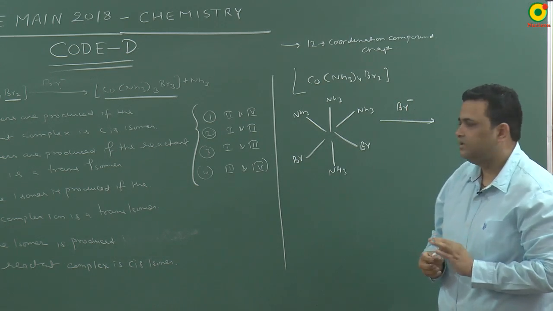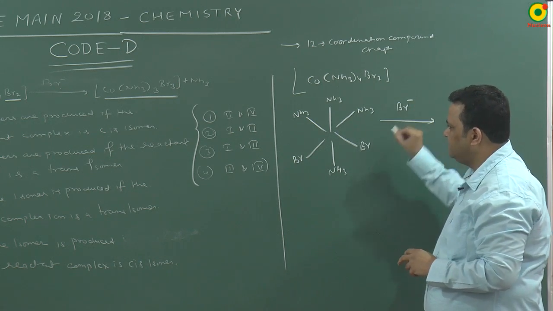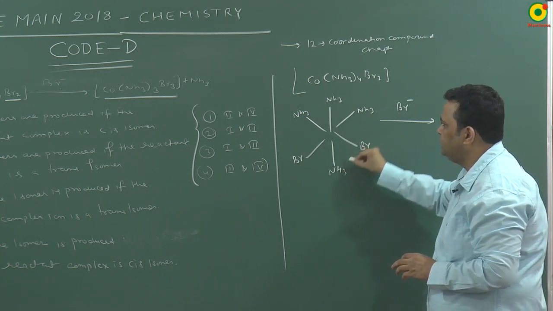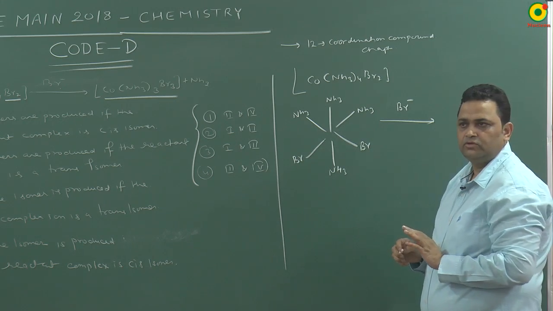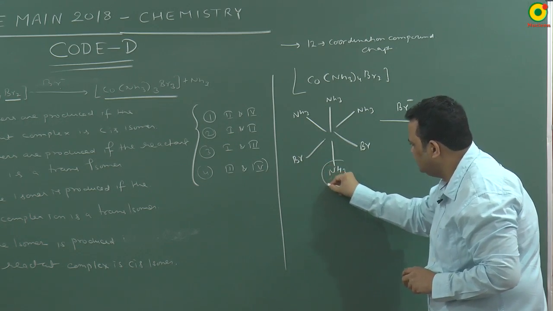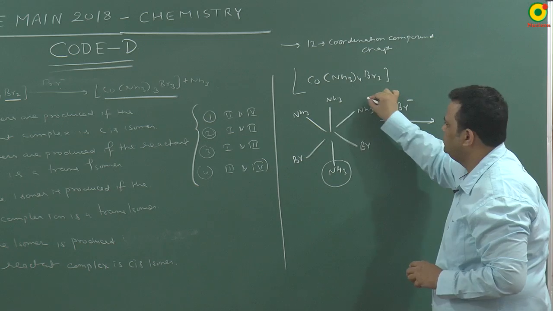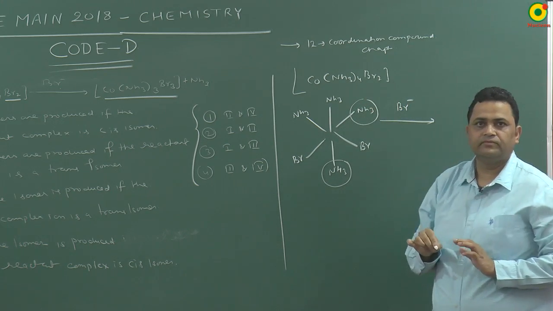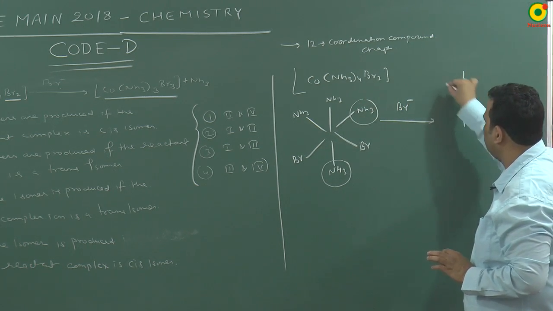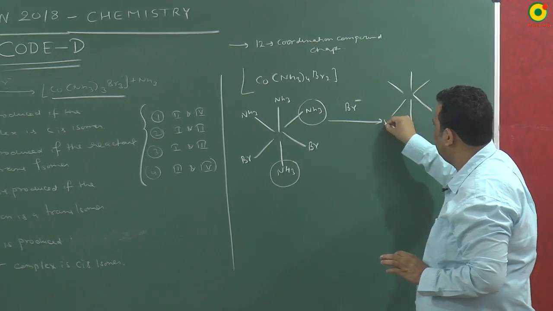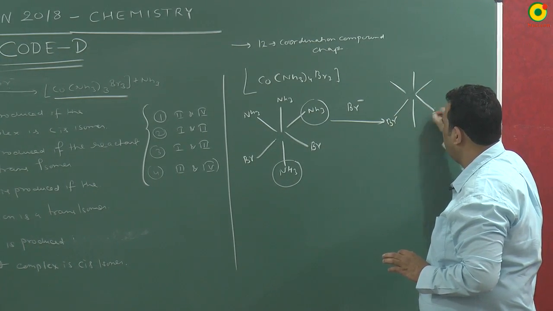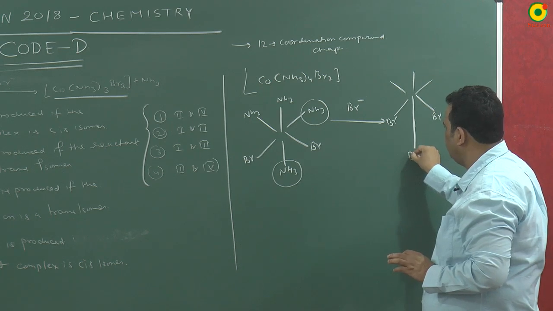So what will happen is that this Br minus will replace one of the ammonia from these positions. There are 2 chances: this ammonia is replaced or this ammonia is replaced. So 2 compounds will be formed. I am drawing Br, and in the perpendicular direction 1 Br is formed.